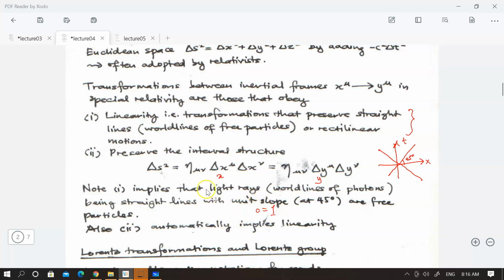But this also implies that the kind of transformation that preserves this automatically implies linearity, as we shall see in a minute.